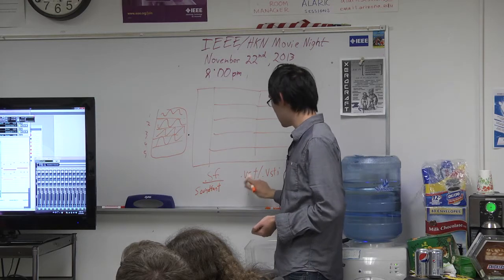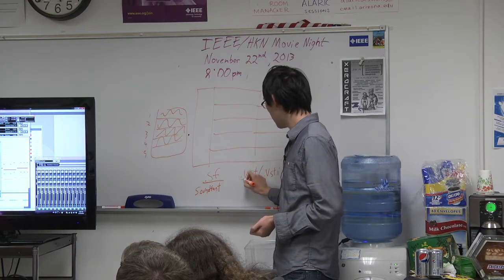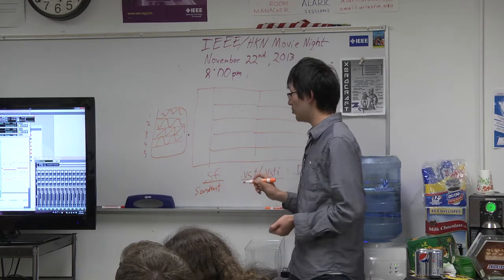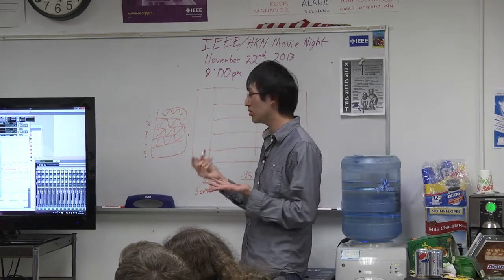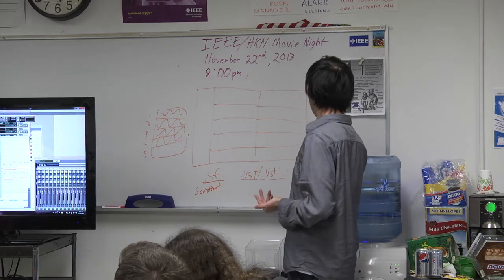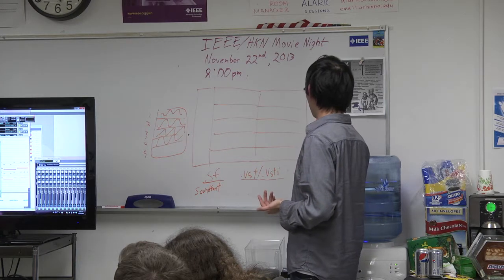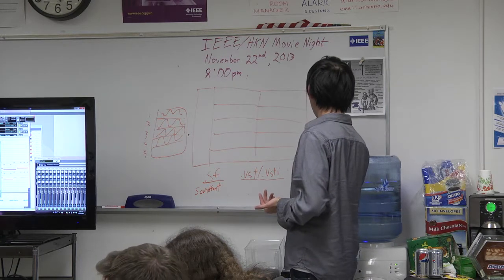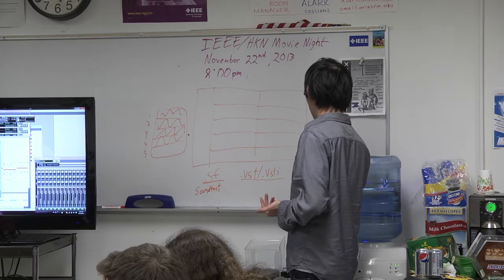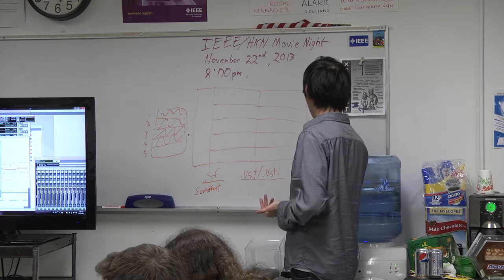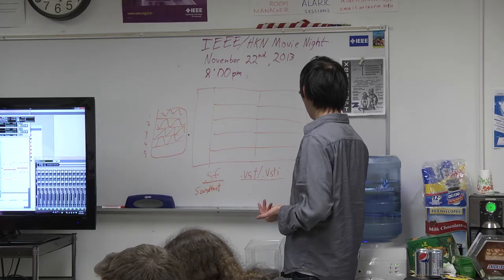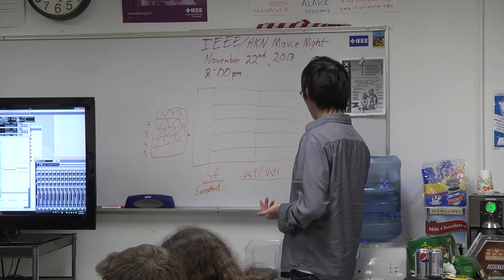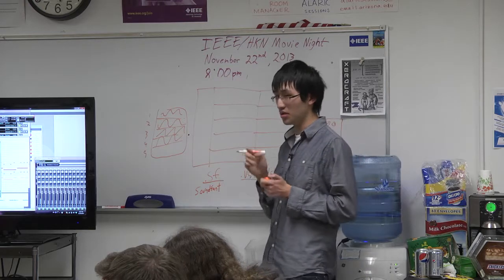VST and VSTi are similar, except that they are really plugins. They're not just a data bank. They could be really any type of application with a graphical user interface, and they have knobs you can tweak to change the sound, and they might have some preloaded sounds. But other VSTs could just be synthesizers.